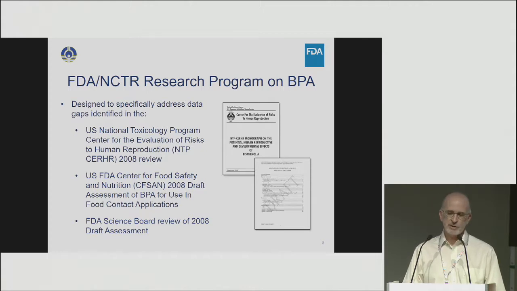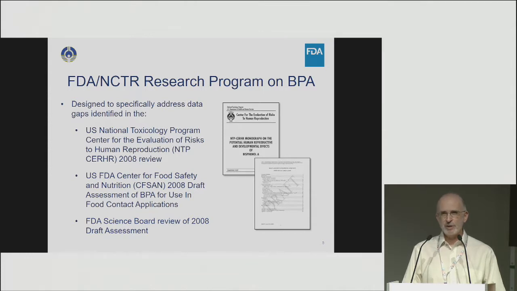Currently the status is that most regulatory agencies around the world indicate that BPA is safe at current exposure levels, and that has been a subject of controversy, now as it was in 2008.